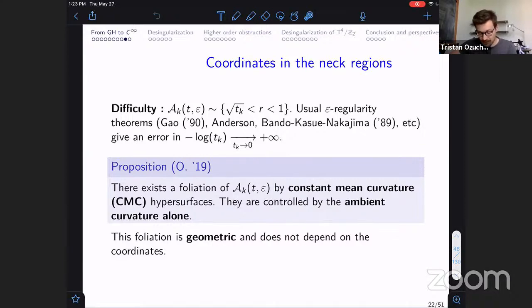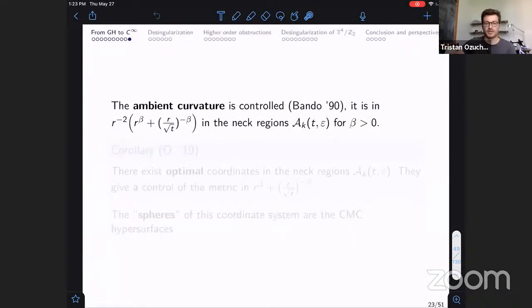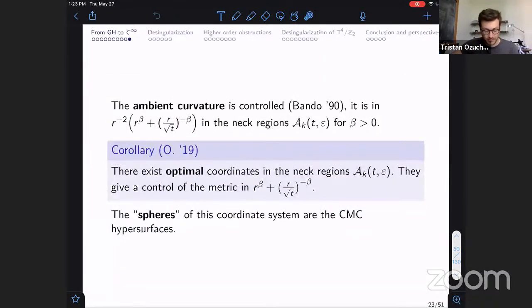And this ambient curvature has actually been understood for a while, and it has exactly the kind of decay I'm looking for. So now I can construct coordinates in which the spheres are my CMC hypersurfaces of the foliation, and I can look at my metric in these coordinates, and I find the right decay here, because the metric is related, directly, to the curvature through these coordinates. So that's how we prove this better convergence.